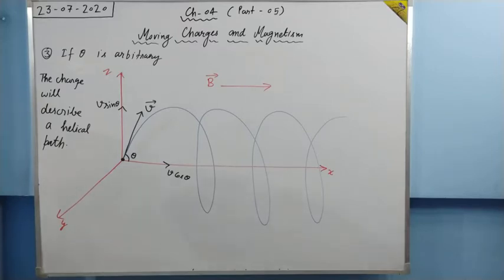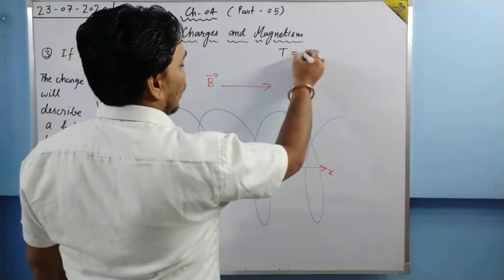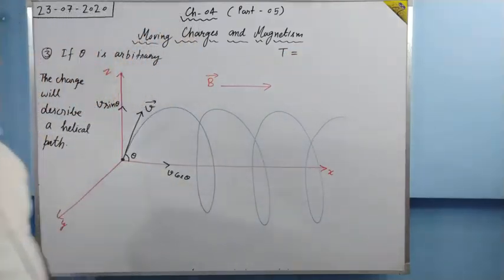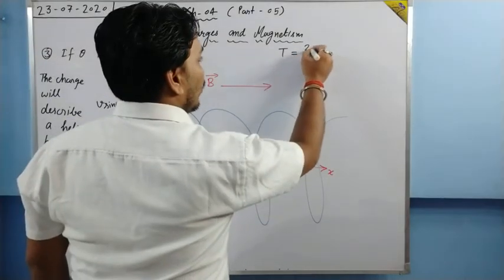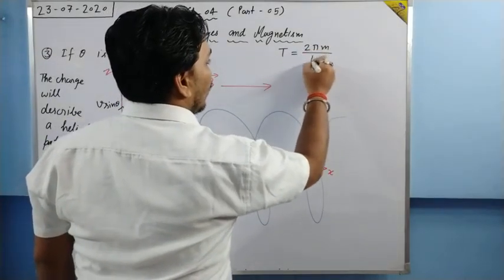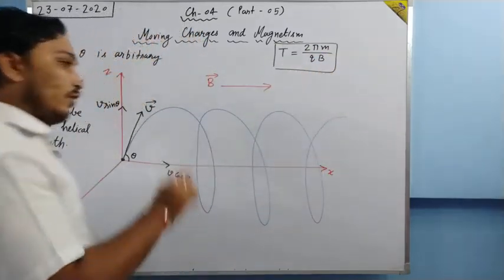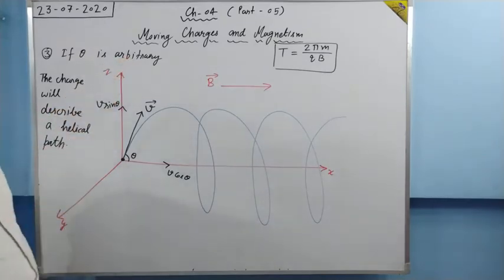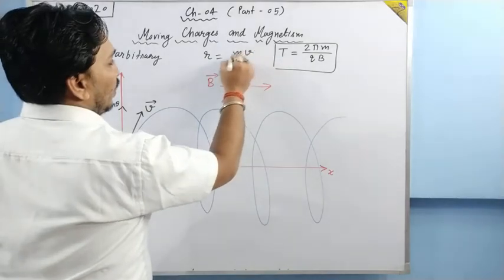For that helical path, the time period, we have just calculated, what was it? The time period was 2 pi m upon qB. So this will be the time period of the circular path it is describing. What is the radius? Before I forget, the radius was mv upon qB.